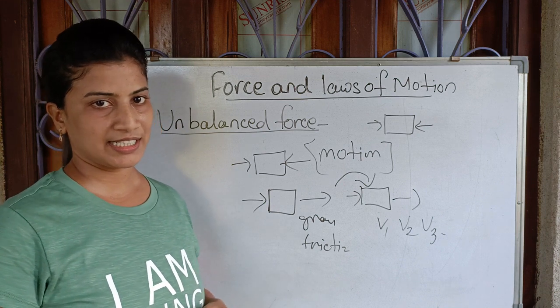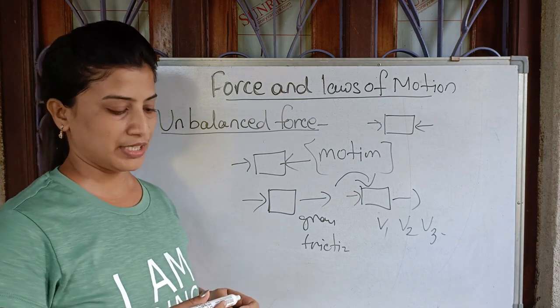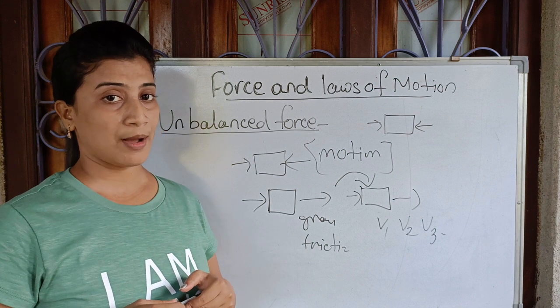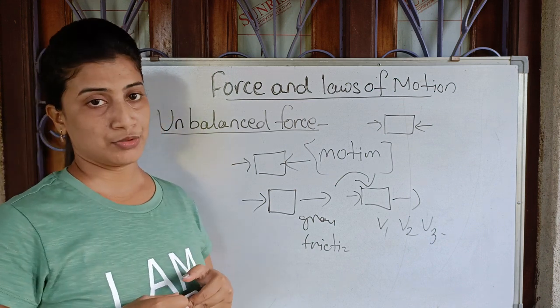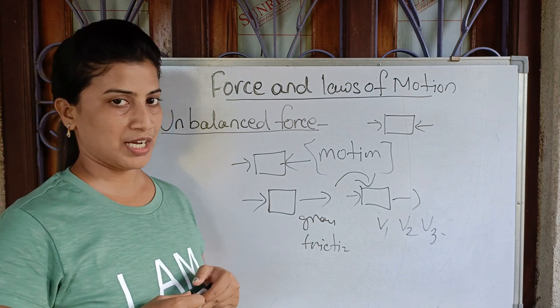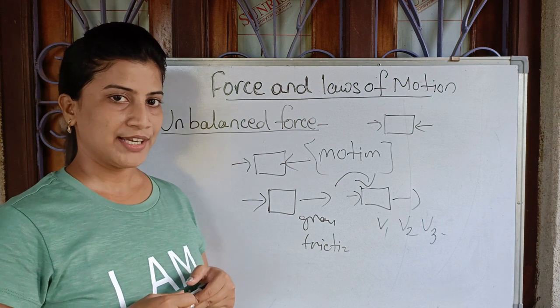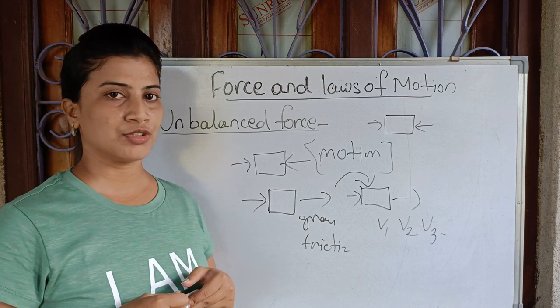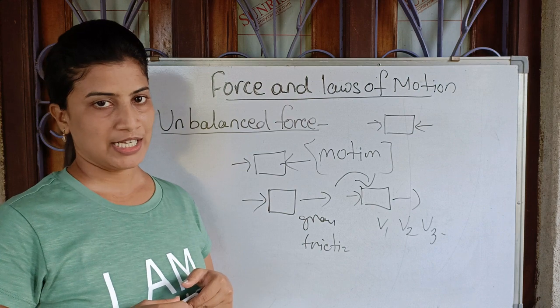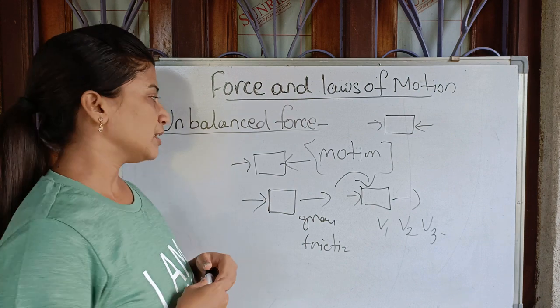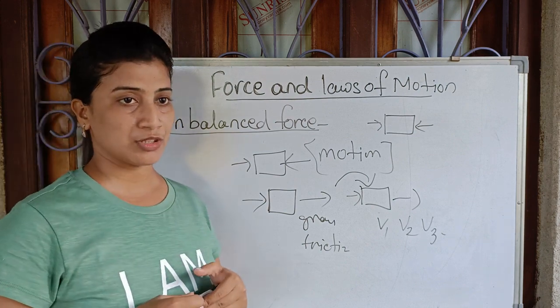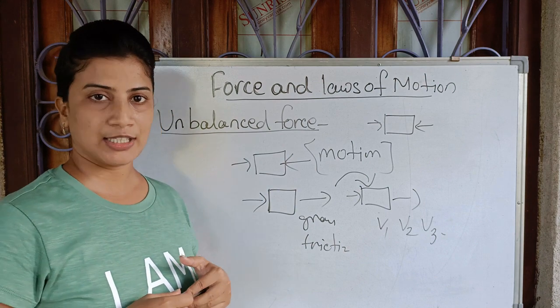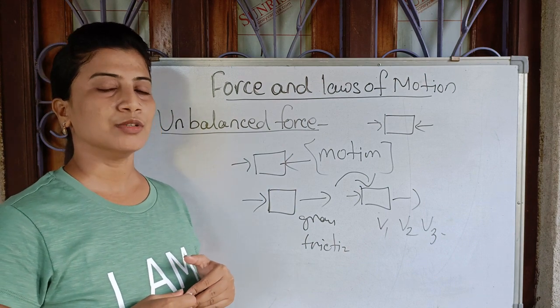That's why the body is getting accelerated. So when a body is at rest, we need to apply unbalanced force to make the body move. Otherwise the body will not move. If you apply only the balanced force, the body will not move. It will be at rest. But if you apply unbalanced force, means your force gets unbalanced, then only the body will start moving.